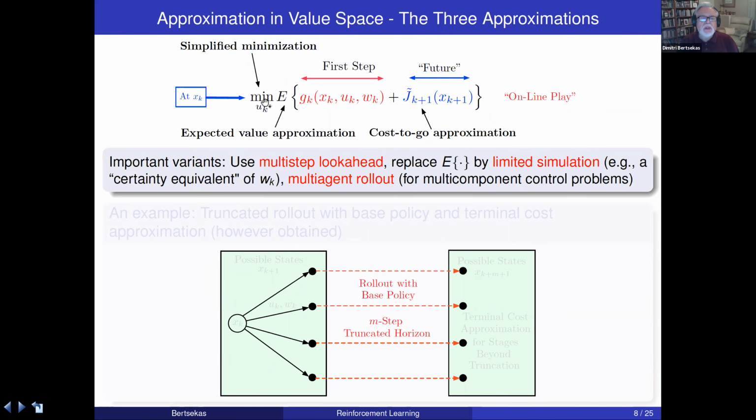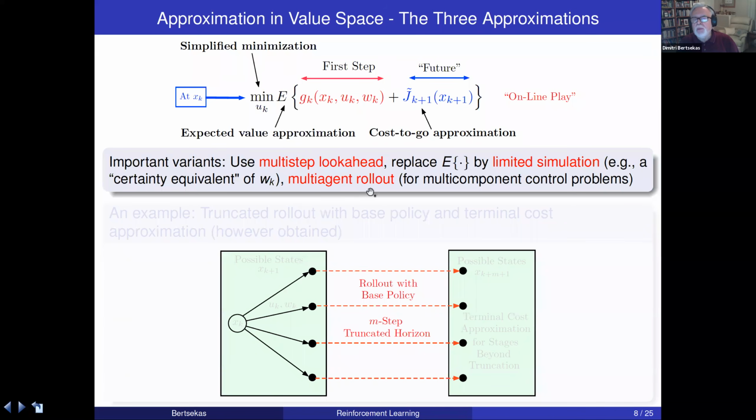Another variation is to replace this expected value with some kind of limited simulation, where we replace wk, which is random, with a deterministic quantity, some kind of certainty equivalent. That simplifies this calculation of expected value a great deal.